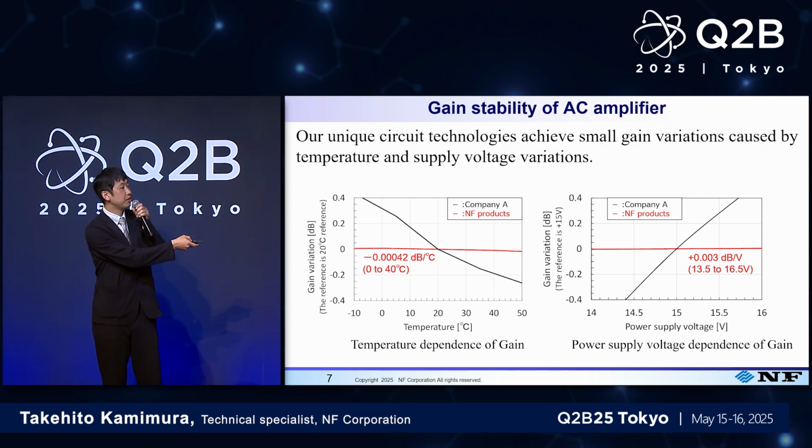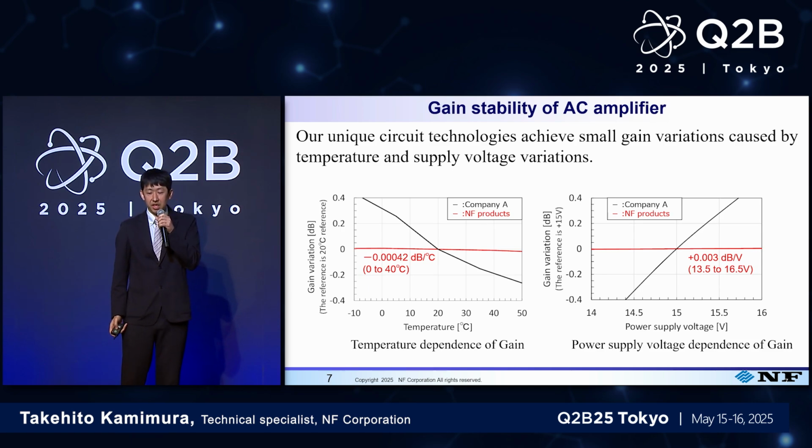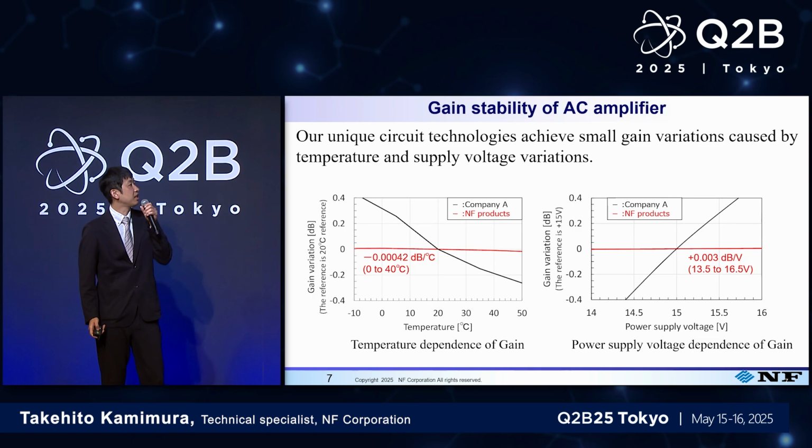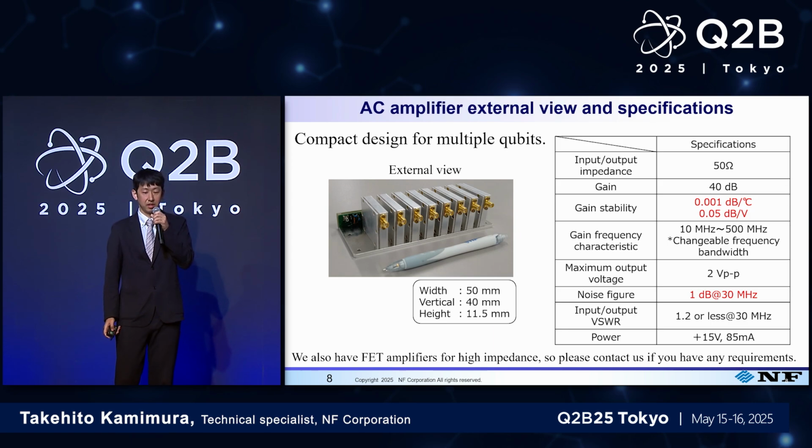On the right-hand side is the voltage dependence of the gain, the power supply voltage and gain variation. The actual measurement is again 0.003 decibel. It gets almost no impact from the power supply voltage.